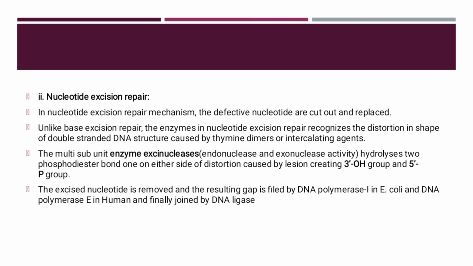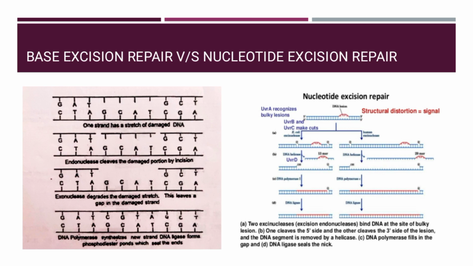The excised nucleotide is removed and the resulting gap is filled by DNA polymerase 1 in Escherichia coli and DNA polymerase epsilon in humans, and finally joined by DNA ligase. In base excision repair, one strand has a stretch of damaged DNA.